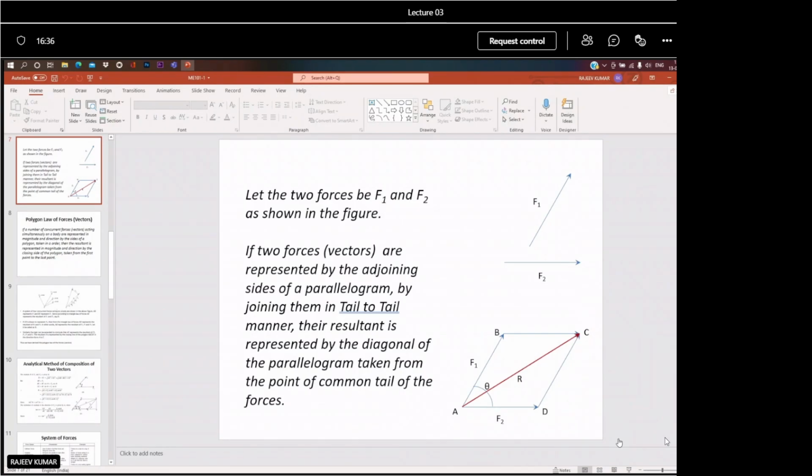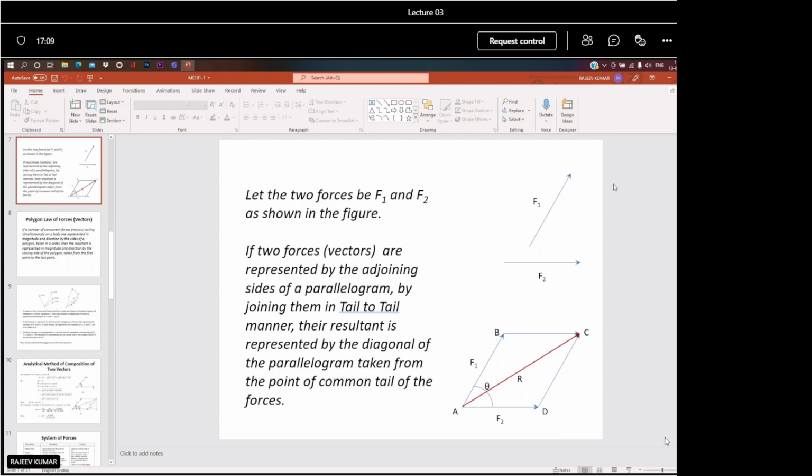Suppose in the problem it is written that this weight is acting and this rope is inclined at some angle, with horizontal or vertical, and this one is also inclined at some angle, and the tension in one string is given and you have to find the tension in the other string. This system tells you these are coplanar and concurrent forces, so all the forces are meeting at a point. You have to keep this in mind.